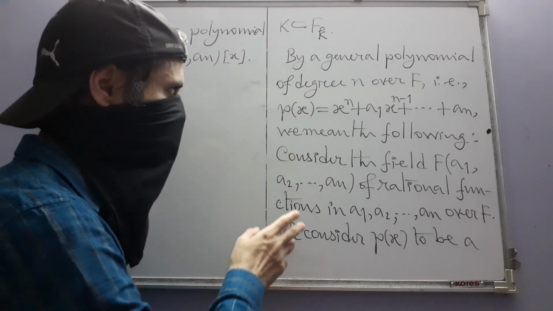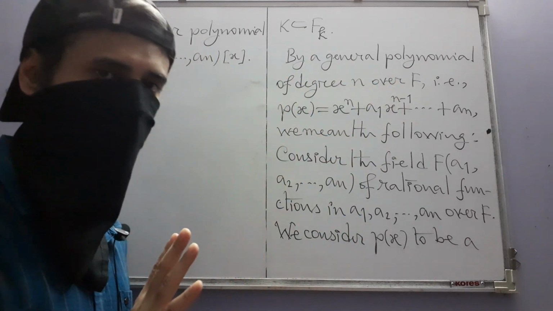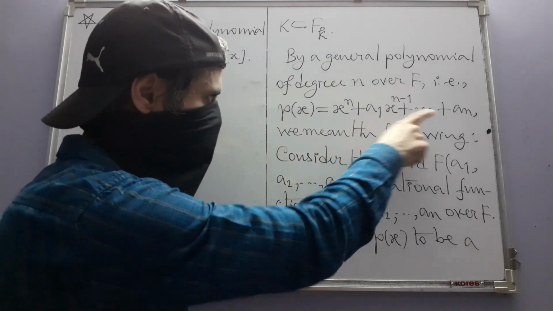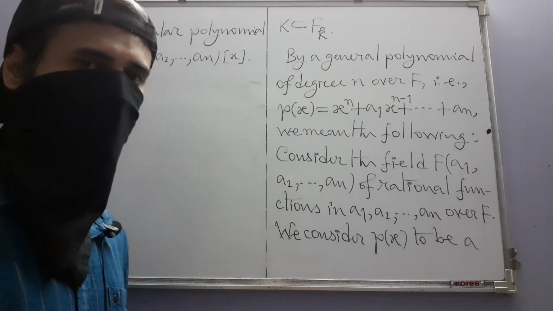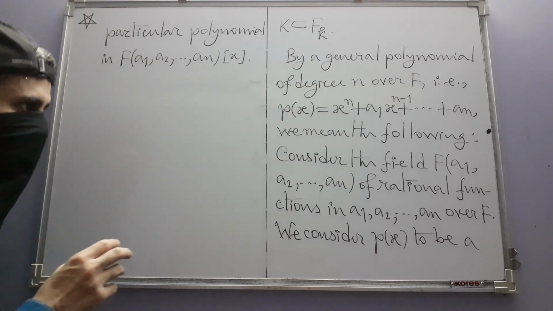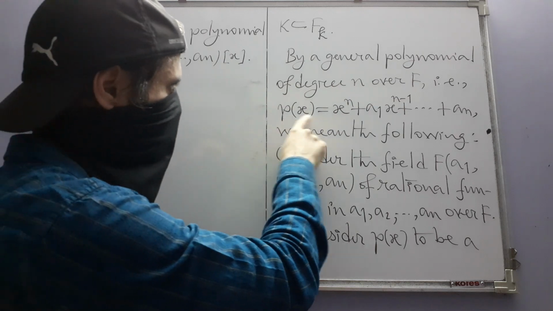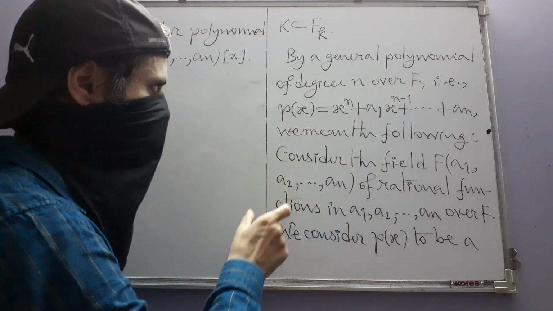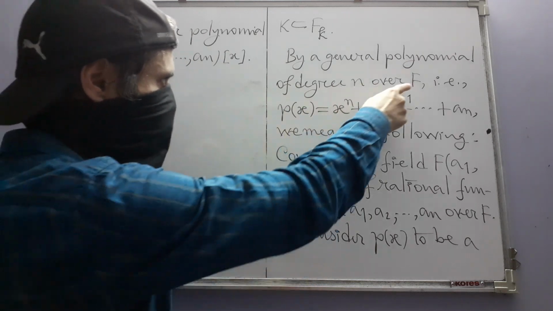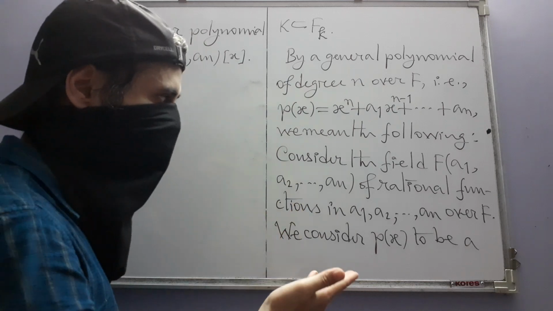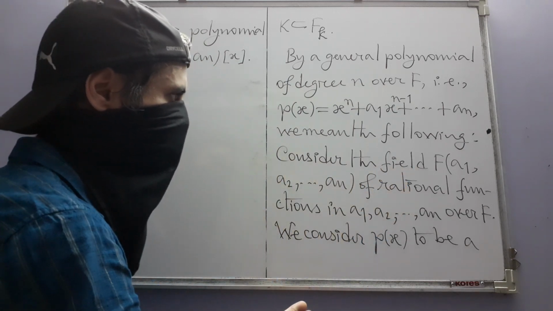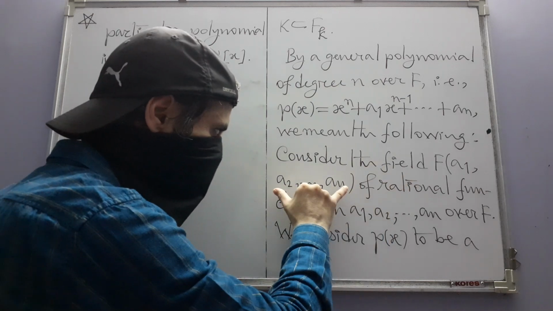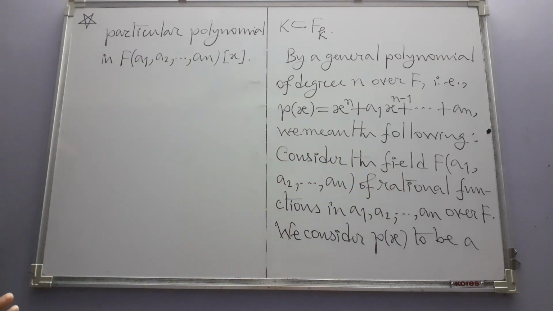However, when you consider a general polynomial like this, where the coefficients themselves are varying, their parameters are unknowns, then instead of thinking of it as a polynomial over F, you consider this as a particular polynomial over this field of rational functions.